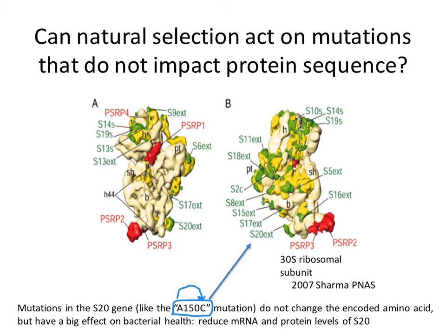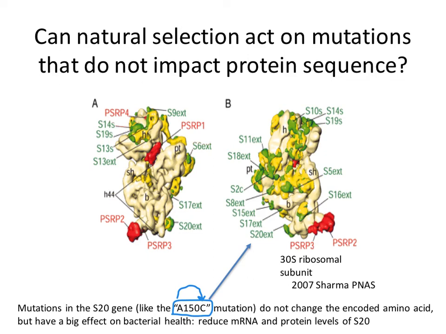It's a synonymous mutation. That one point mutation doesn't change the S20 protein sequence. But when a bacterium has just that one mutation, it severely affects the fitness of that bacterium.